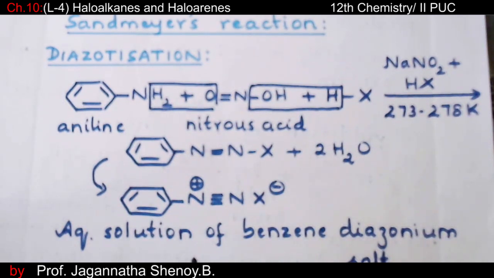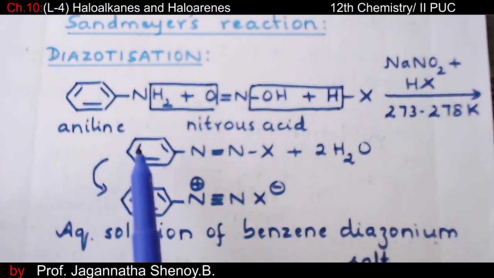It's a salt. So what we get here is an aqueous solution of benzene diazonium salt. Generally, we should never try to isolate solid benzene diazonium salt from aqueous solution because it is highly unstable in the solid state and it explodes.